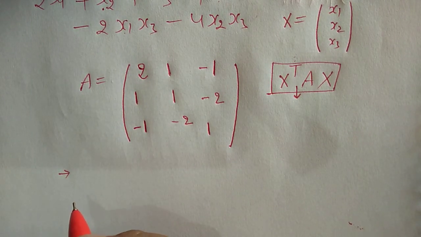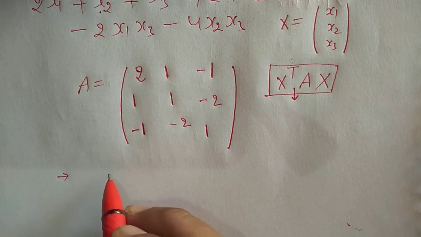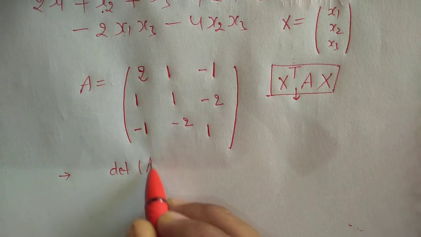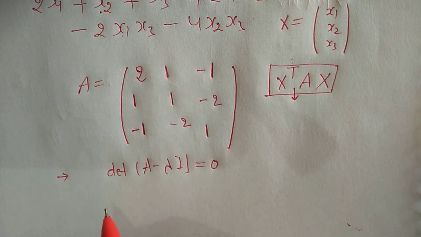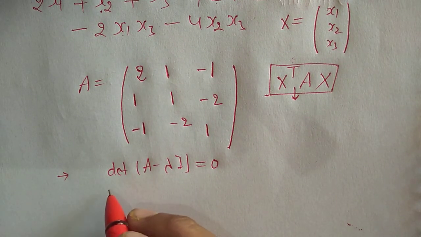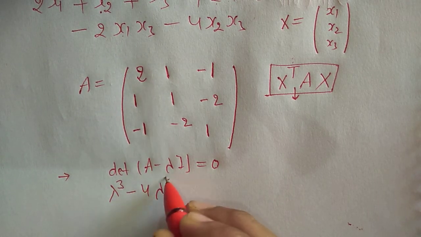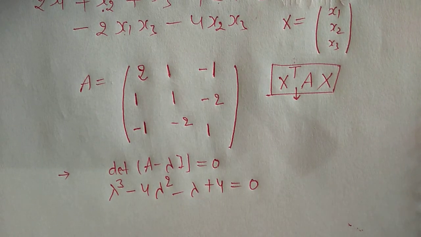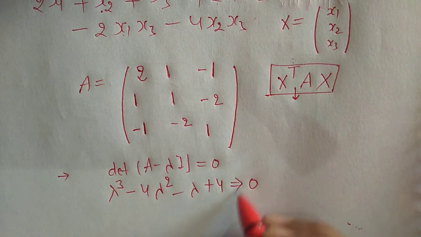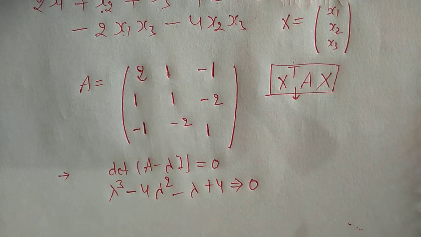For the model matrix we need the characteristic equation that we get from determinant of A minus lambda I equal to 0. So we have the characteristic equation lambda cube minus 4 lambda square minus lambda plus 4 equal to 0. This is a cubic equation, so we get 3 roots.